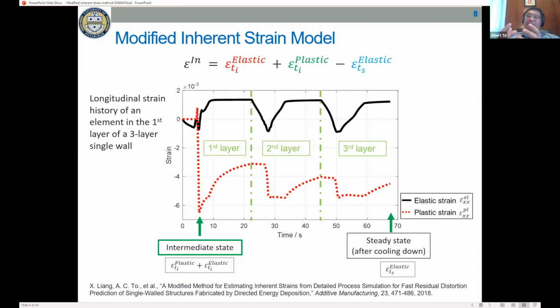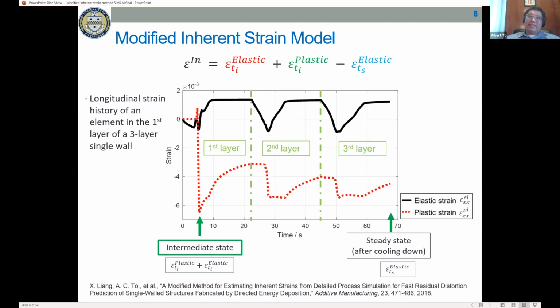So that thermal strain has to somehow transform into mechanical strain, but how? So that's what we're trying to capture here, okay? A lot of the thermal energy is actually transferred into mechanical energy by compression.